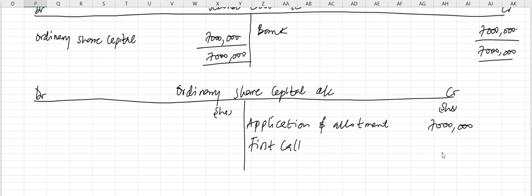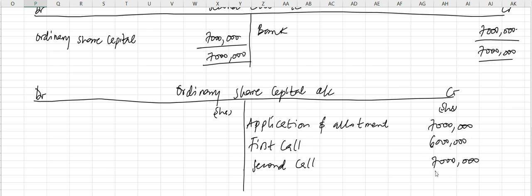First call is 6 millions. And then we also have the second call. Second call is 7M.